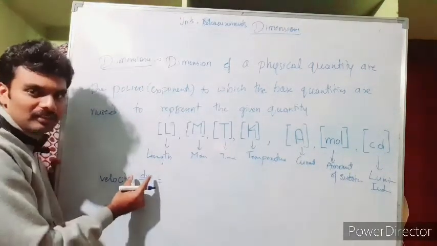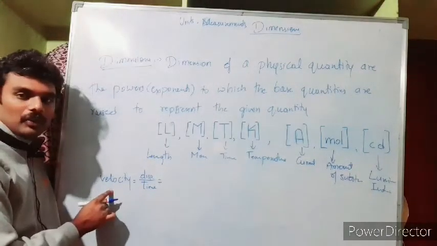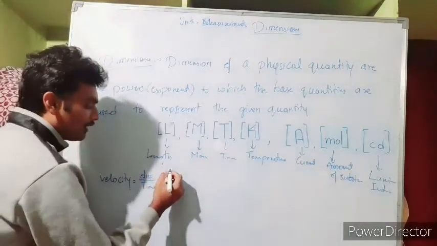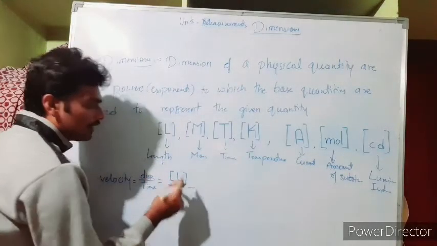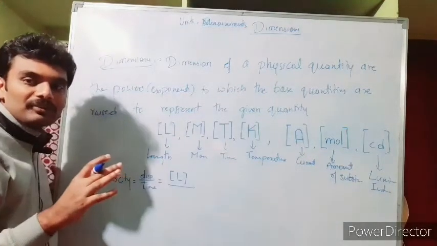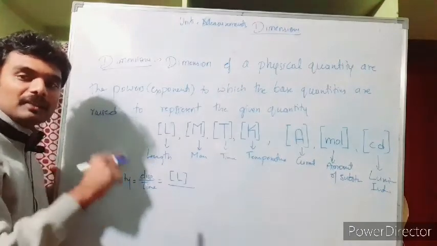Displacement is nothing but length. So length by time will give me the dimension of velocity. So how should I write that? In the numerator I should put length. These are just the representation of quantities.